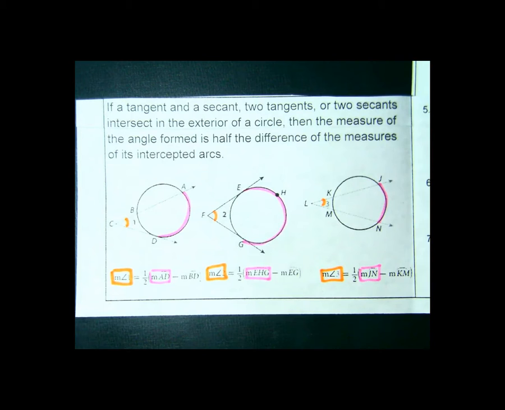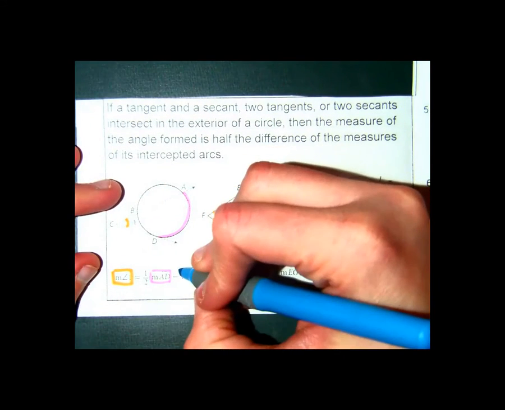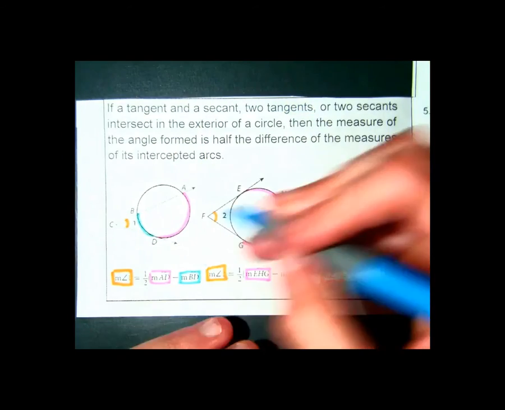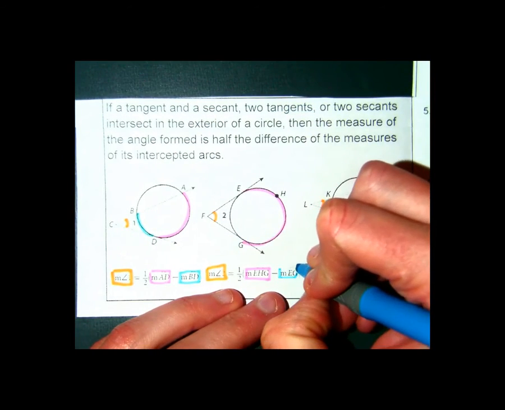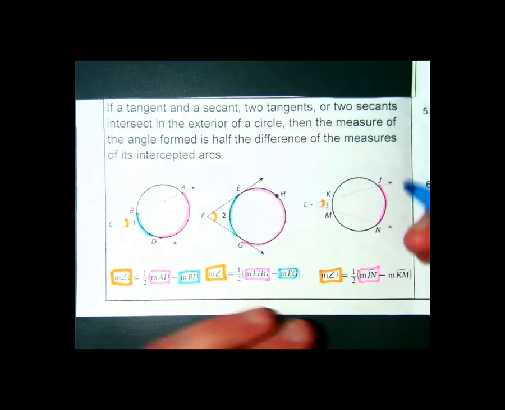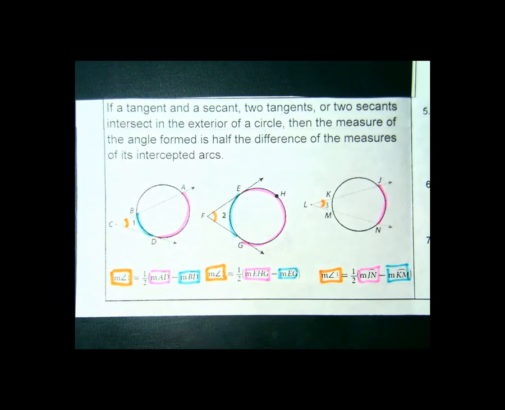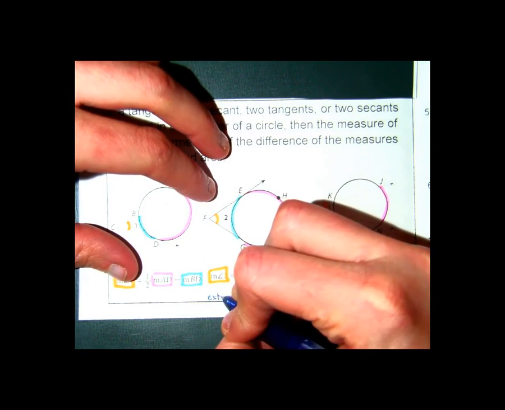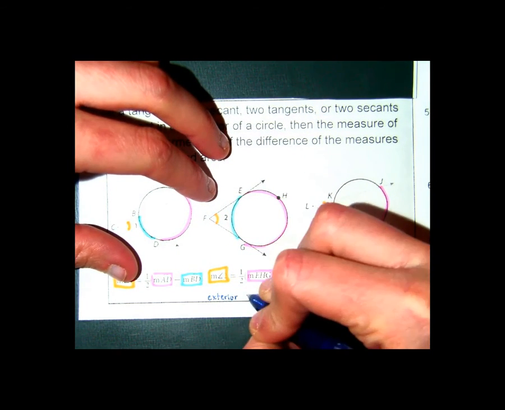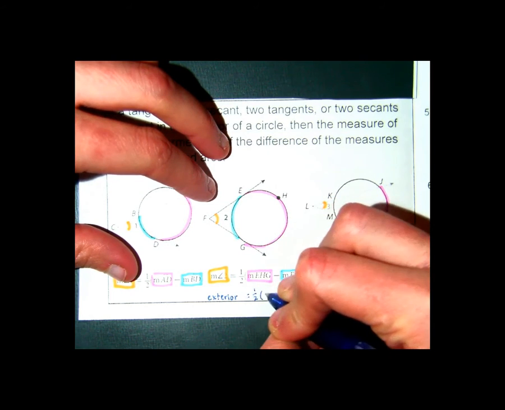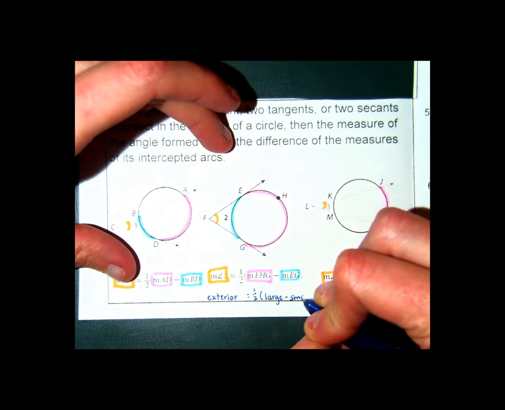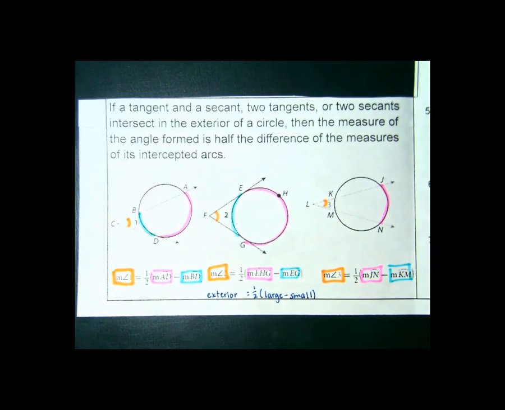It's not necessarily that it's always large minus small. The idea, though, is that it's the one further away. It will actually be larger minus smaller, but that's what all these are saying. The exterior angle, we can write that, exterior equals 1/2 large minus small. That's what every single one of these is.